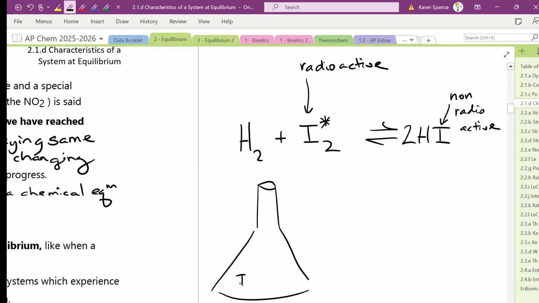Over time, what would happen is that at the start you would have I bonded to I, little radioactive ones. You'd have H bonded to H, and you would have HI.